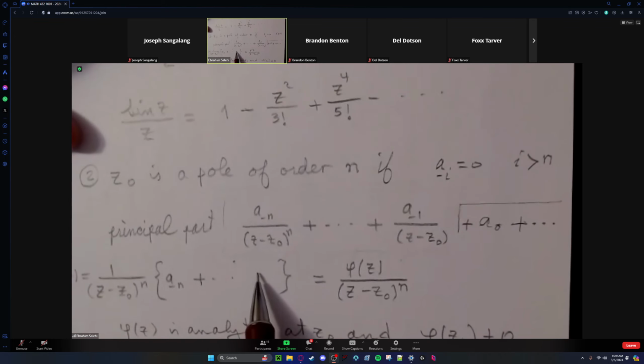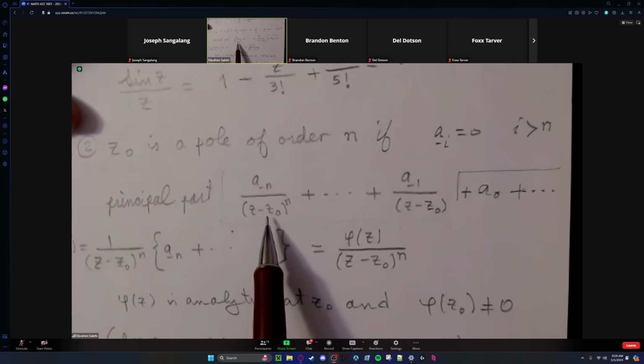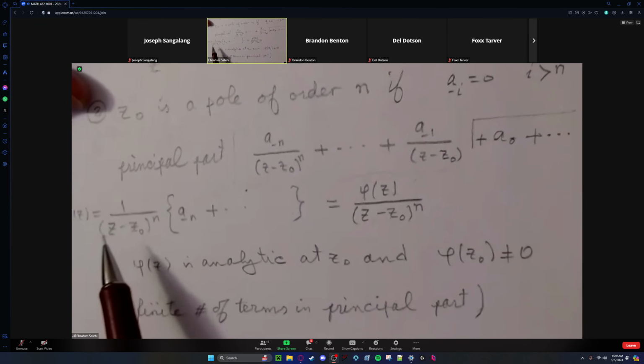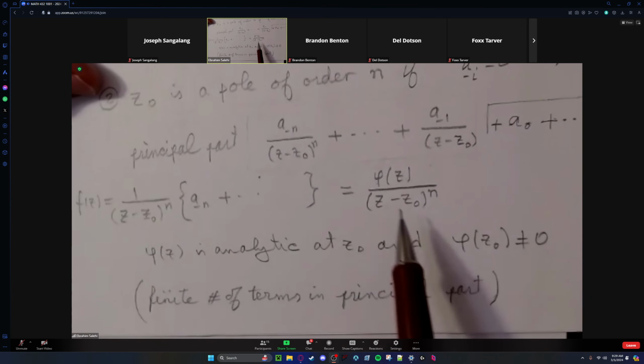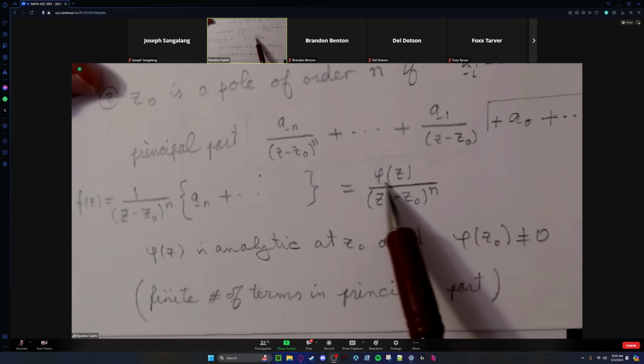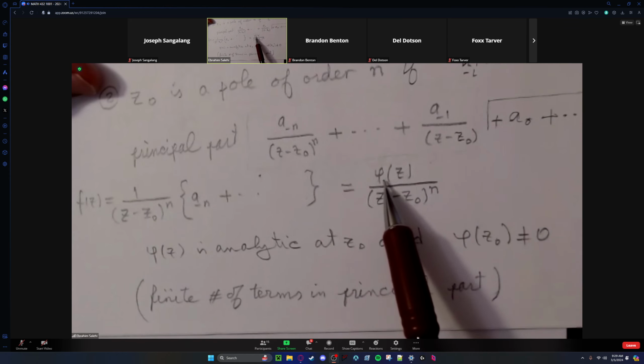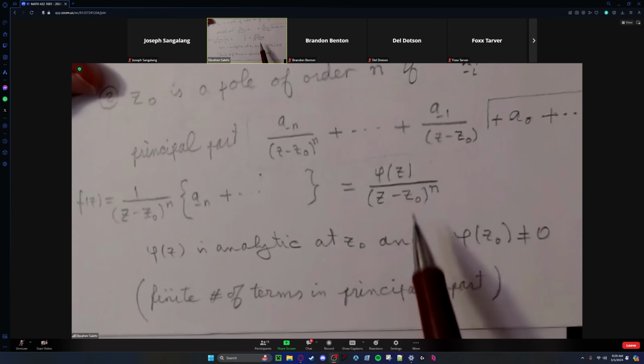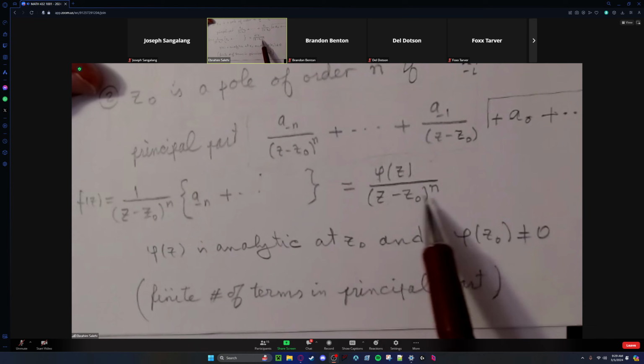Another way of recognizing that it is a pole of order n: the function can be written this way, where the numerator is analytic and is not 0 at this point, but in the denominator you have z minus z naught to the n.